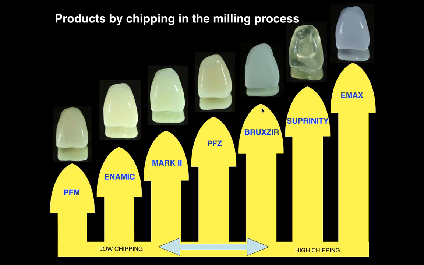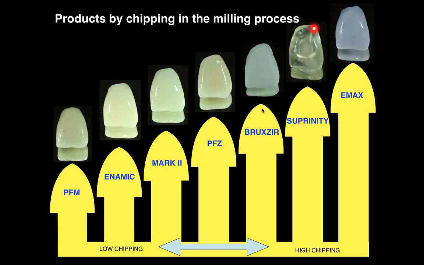Okay. If we look at some of the materials, and this I tried to do in the lab myself, I always took the same crown in the CEREC machine and the same construction, and I milled the different types of materials with the milling strategies which zirconia has. And what you see is Emax is the material in the milling process which has got the highest chipping rate here on the margin. You can see how it chips.